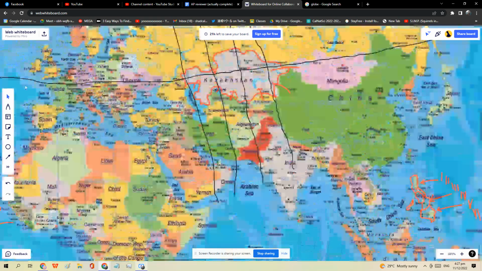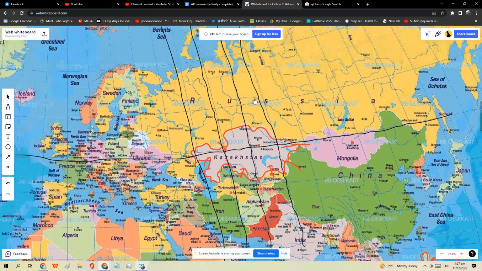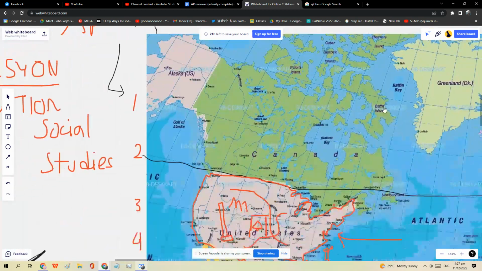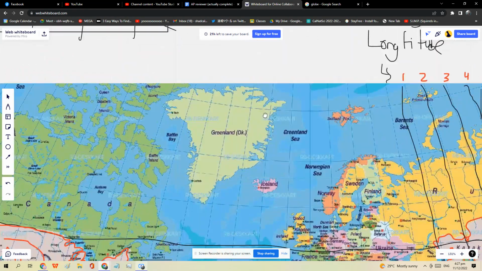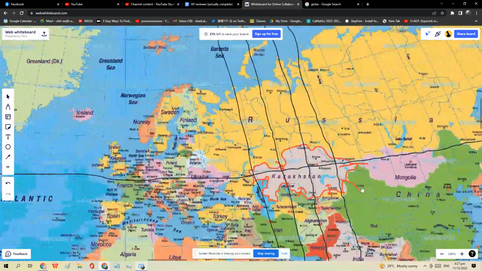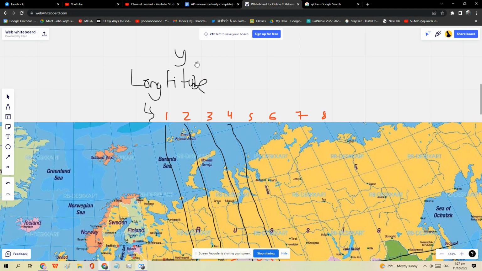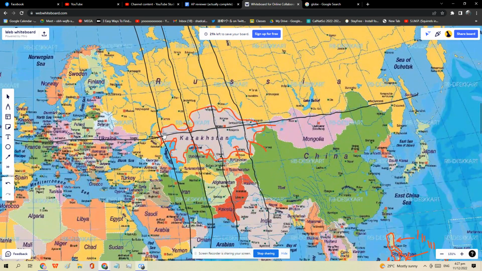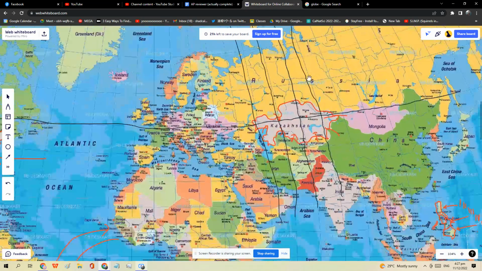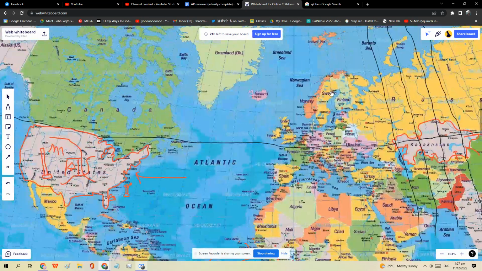Look at this, for example. We took Kazakhstan as an example. In order to find the absolute location of Kazakhstan, we're going to use this X point that crosses Kazakhstan. And then you will go to the Y axis, or the longitude, and find another line that also crosses Kazakhstan.